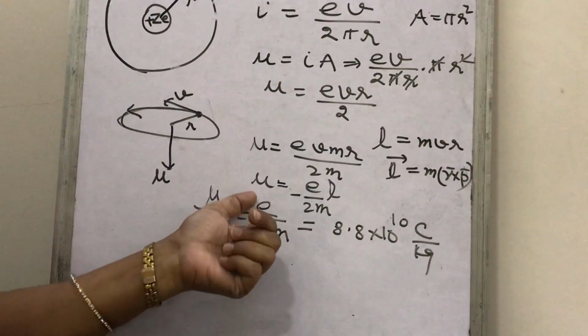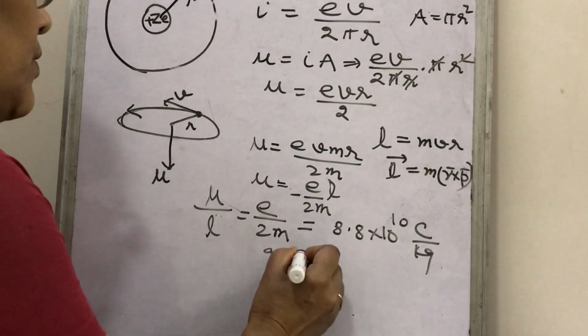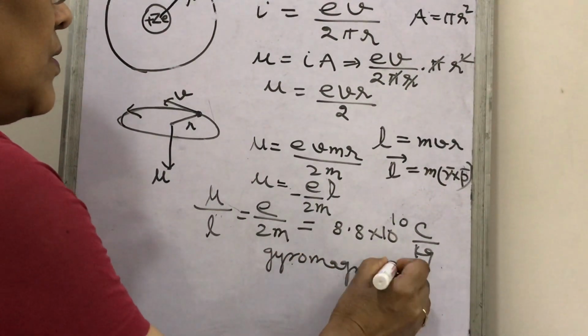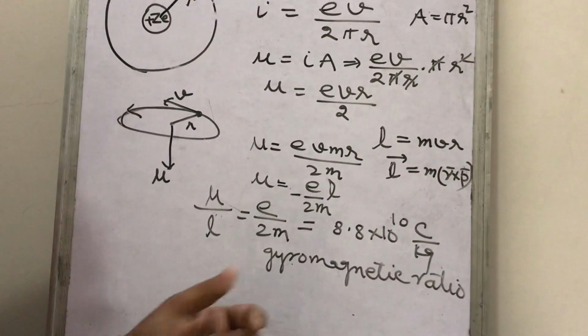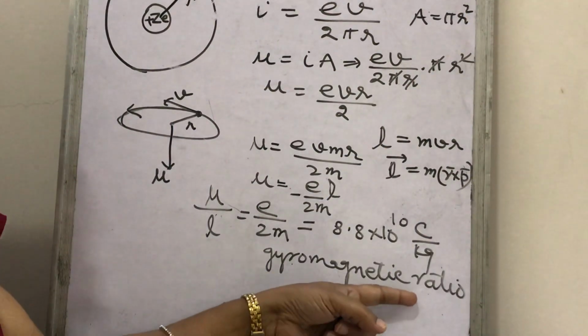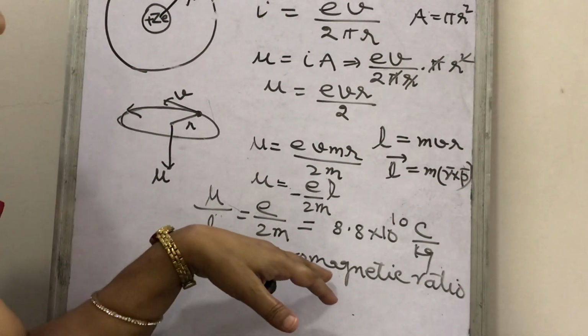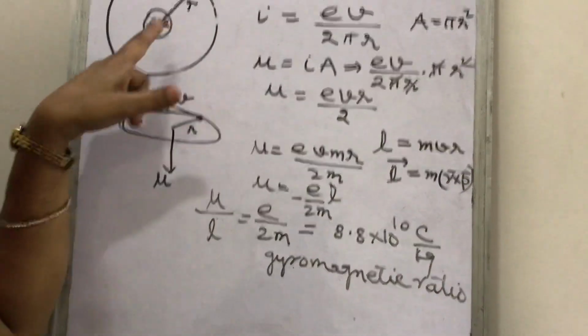This is a constant, e by 2m, and it is called the gyromagnetic ratio. This is the gyromagnetic ratio for an electron. Now, this gyromagnetic ratio is constant for the moving electron in the uniform circular motion.